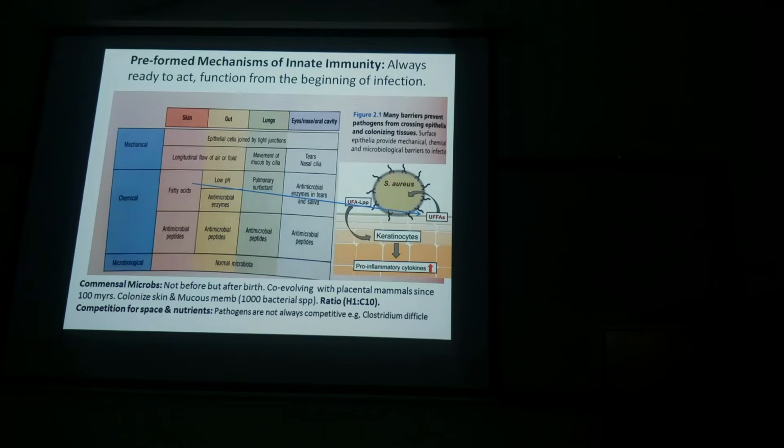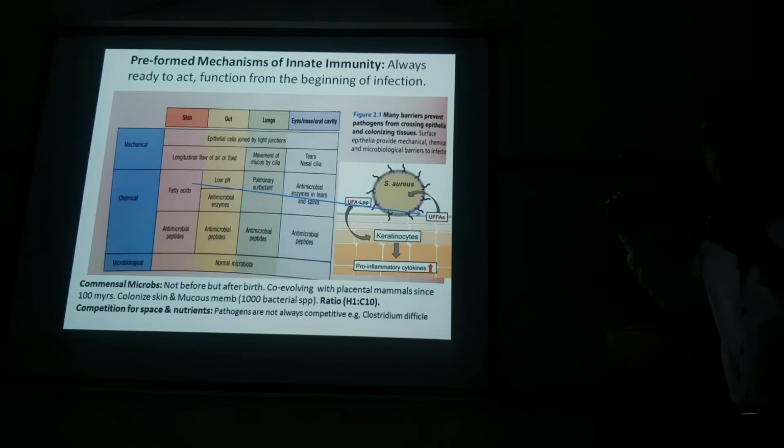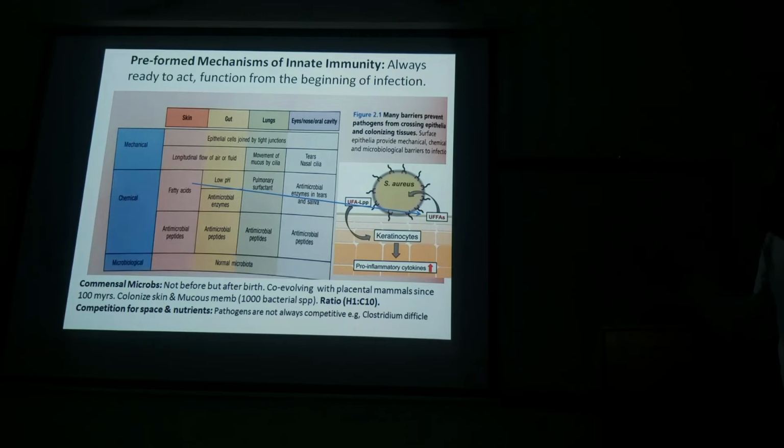So these are pro-inflammatory cytokines which are secreted by these cells in large quantities, which induce the status of inflammation in the tissue. And when there is high inflammation in the tissue, it is going to kill the bacteria. Okay?